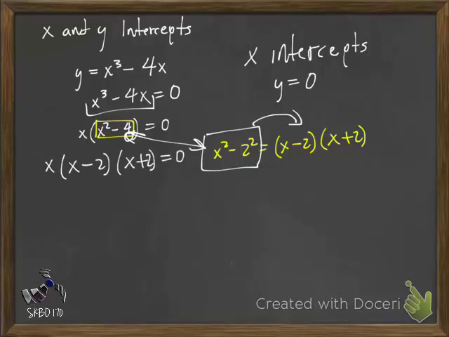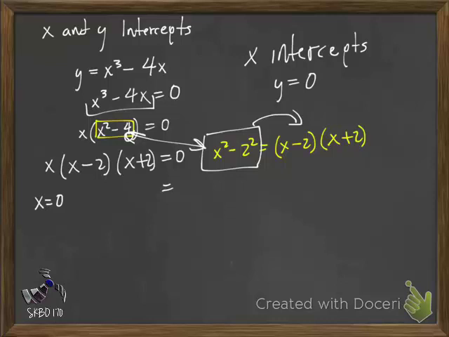Now we need to find the x values for which the equation will be 0. As you can see, x times (x minus 2) times (x plus 2) is a multiplication. So let's assume x is 0.